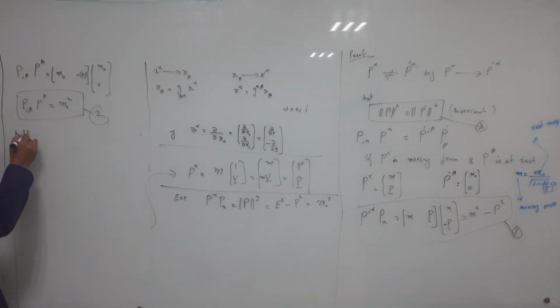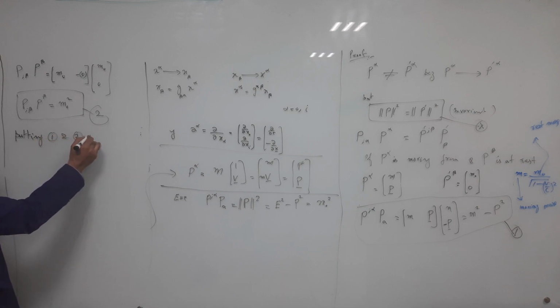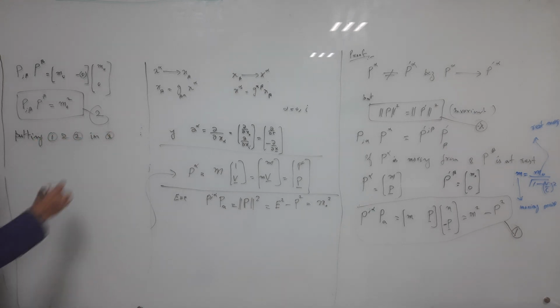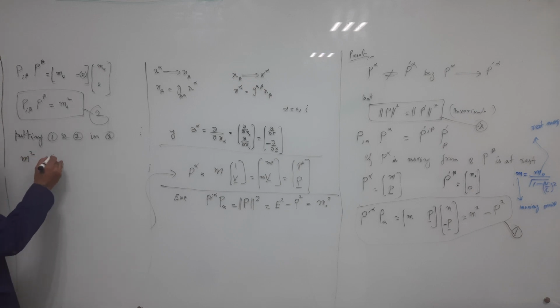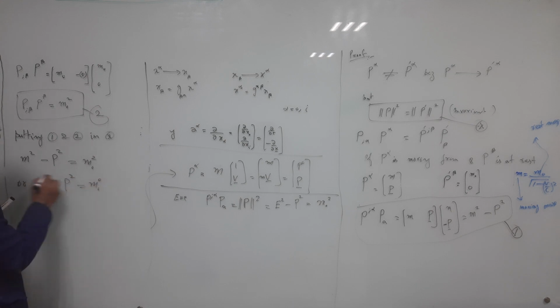Putting 1 and 2 in x, M square minus P square will be M naught square, or E square minus P square will be M naught square.